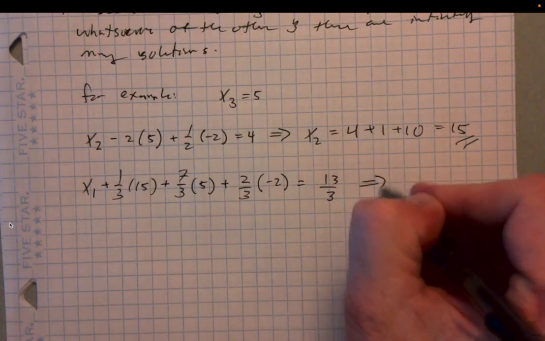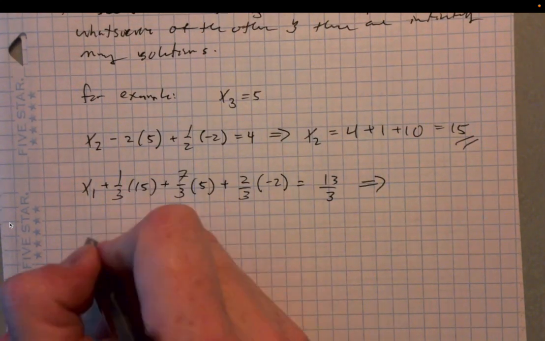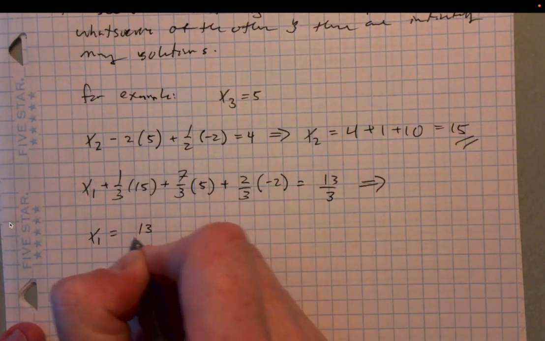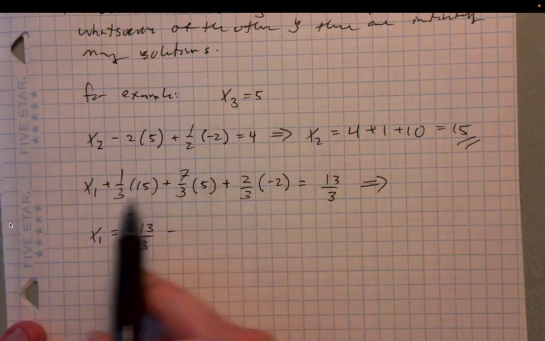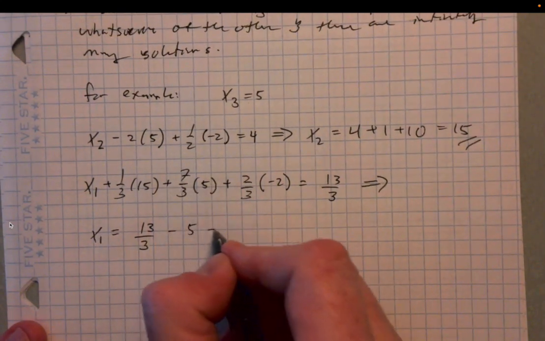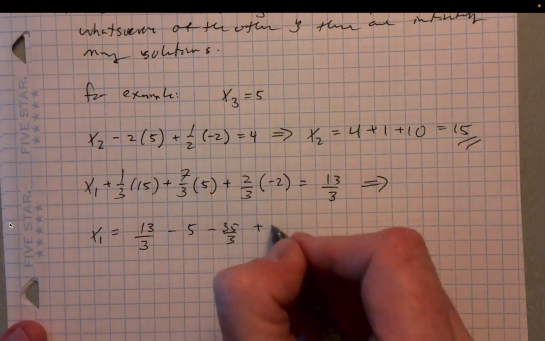If you go through the arithmetic, you find that x1 is equal to 13/3 minus 5 minus 35/3 plus 4/3.